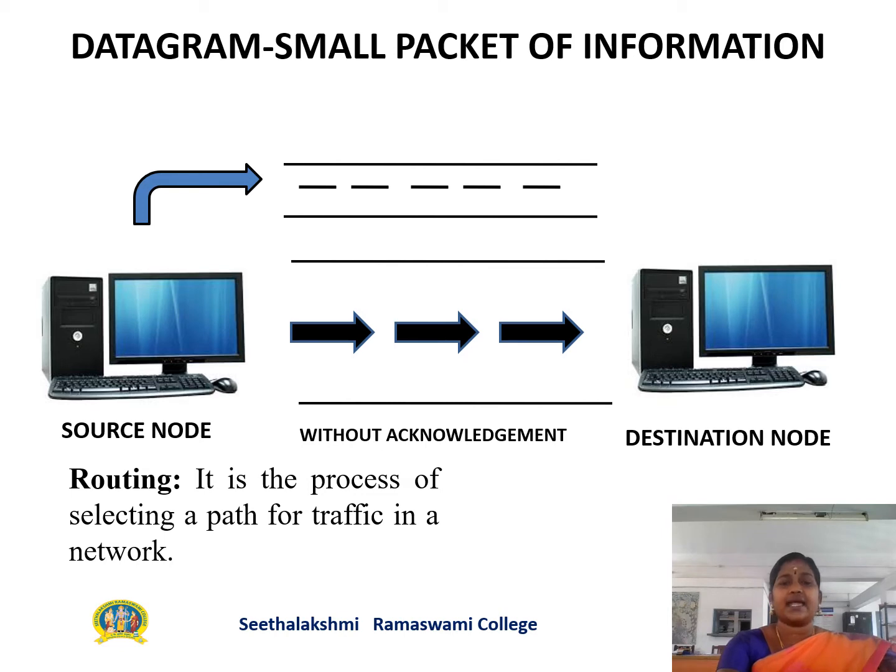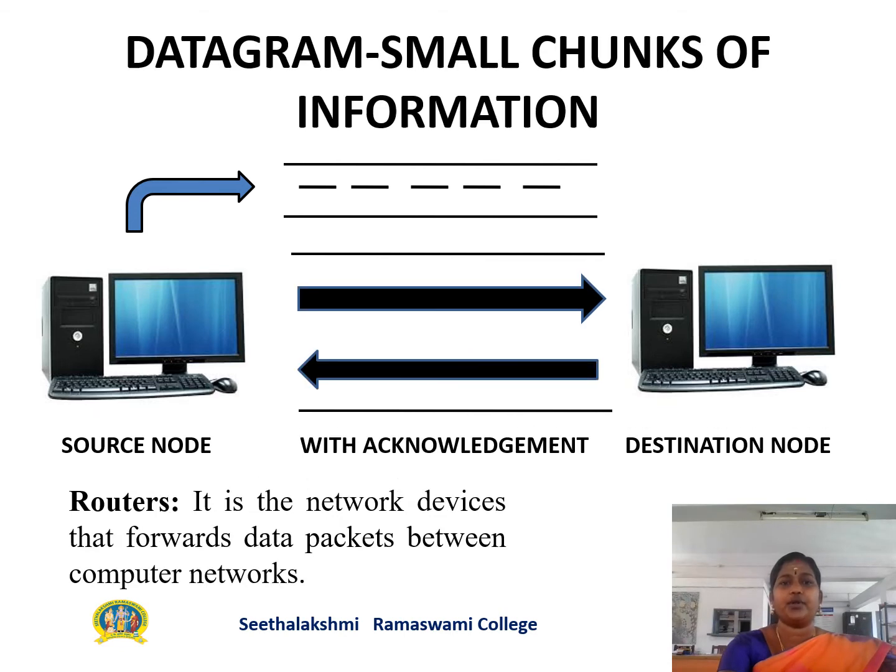This diagram represents that the destination node will not give any acknowledgement to the source node. In this diagram, the datagrams are defined as small chunks of information. The information travels in sequential order from the source node to the destination node.